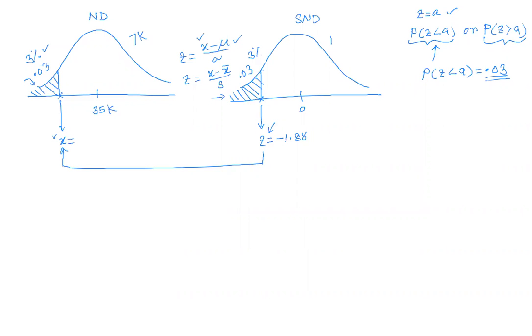All right, we found our z to be negative 1.88. Now, what does that translate to here, x?